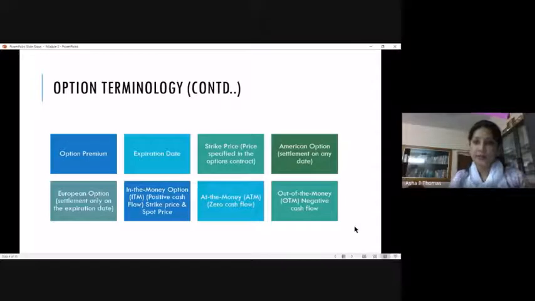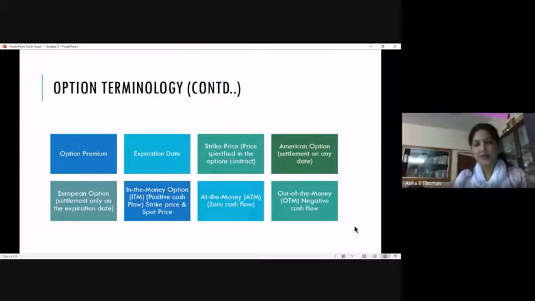Then American option and European option. In case of American option, you can settle on any date. But in case of European option in India, most of it is with respect to European option, but with individual stocks, American option is also available, where you can exit on any date looking at the price movement.